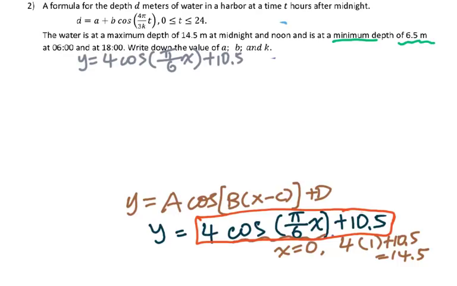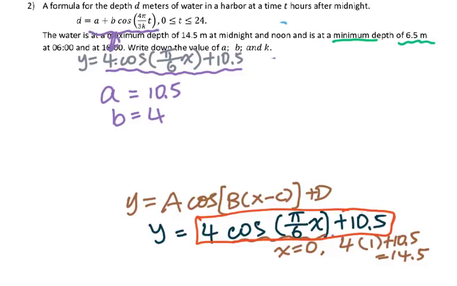Now, let's compare these two cosine functions to figure out that p equals 10.5. Then a equals 4, because this is a multiplication to the cosine.